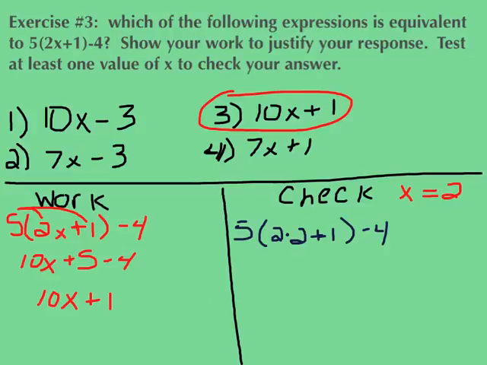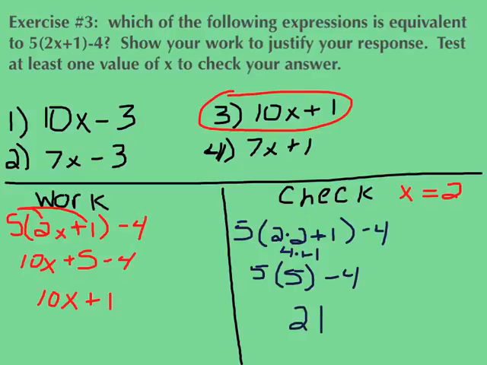So I'm going to get 5 times, 2 times 2 is 4, plus 1, which is 5, minus 4. 5 times 5 is 25, minus 4 is 21.